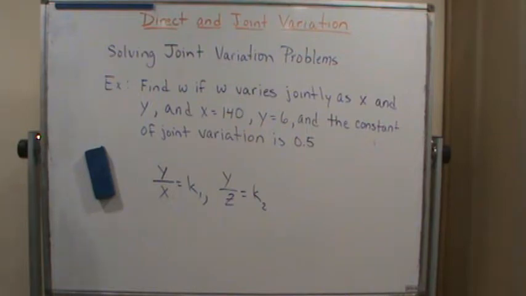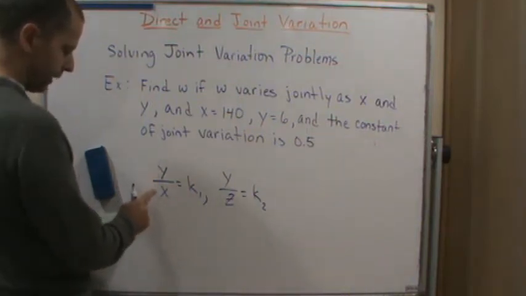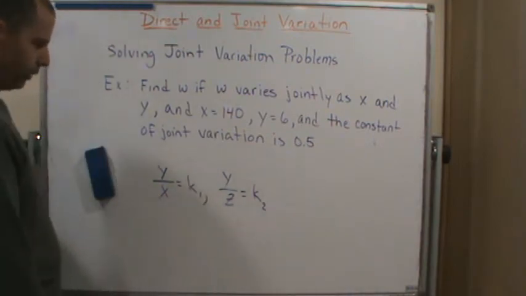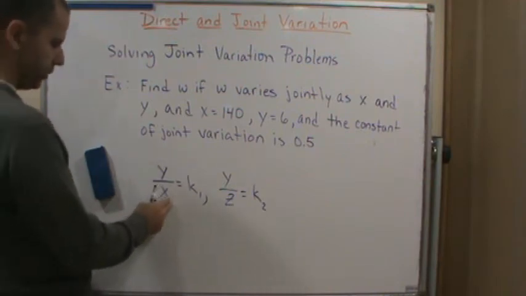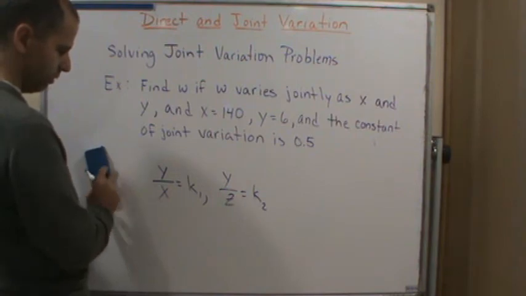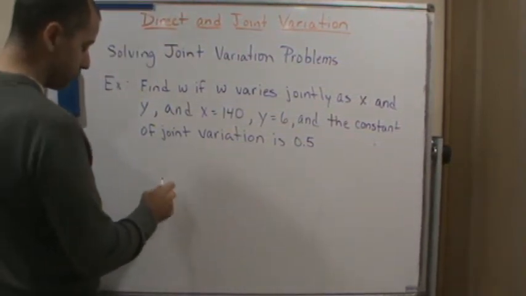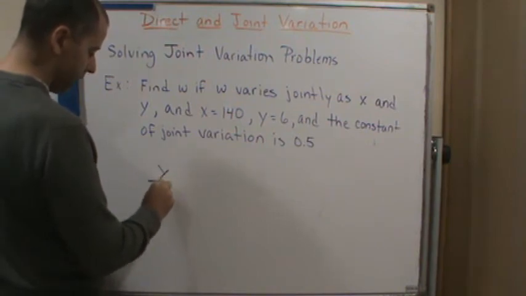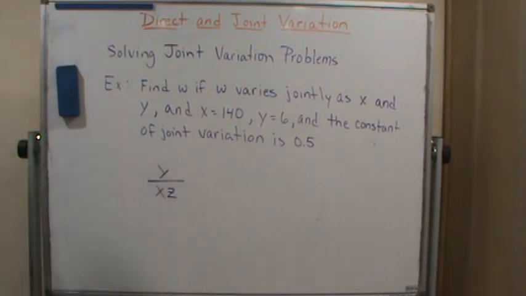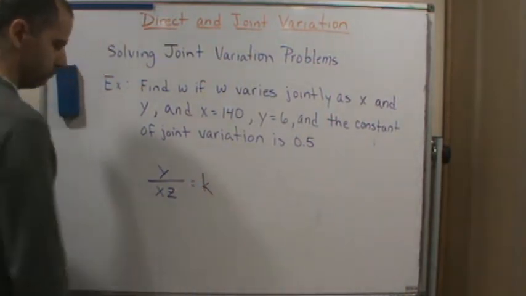In fact, if y varies directly with x and y varies directly with z, then what we can do is we can say this. Y varies directly with x and z, we can put x and z both in the denominator, and then we know that has to be equal to some constant.